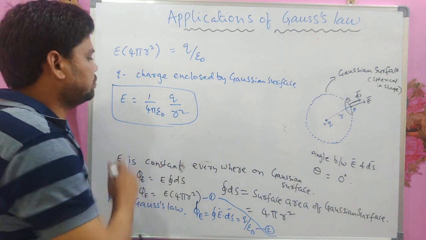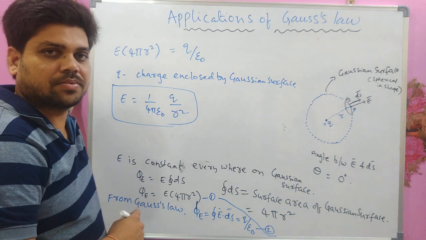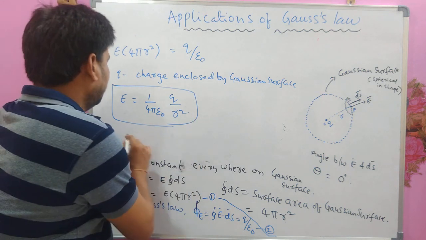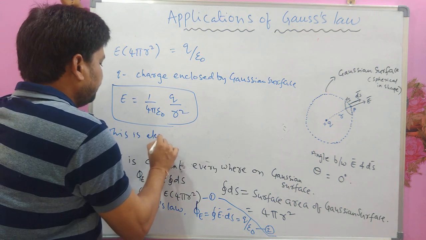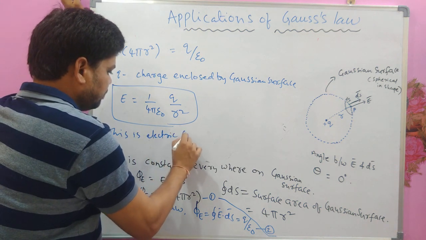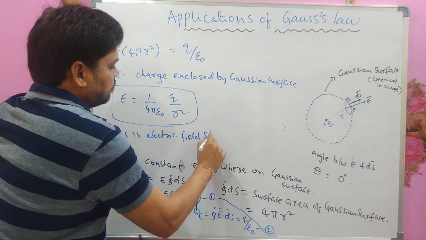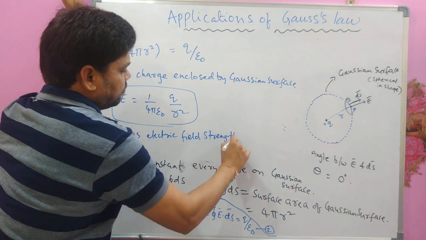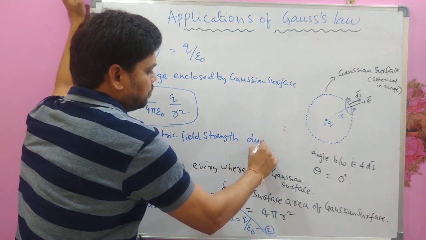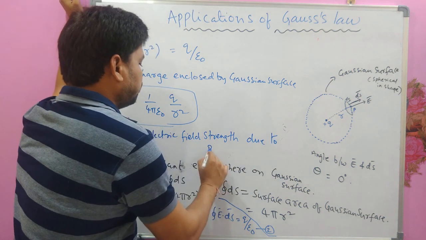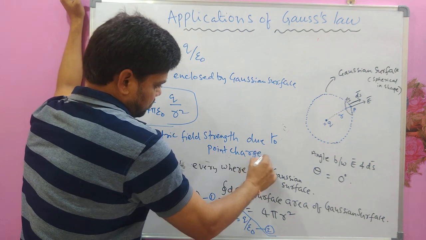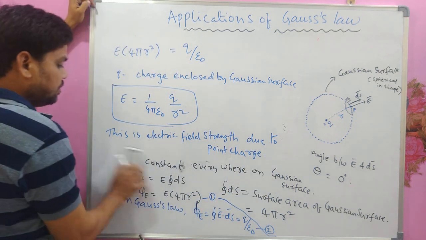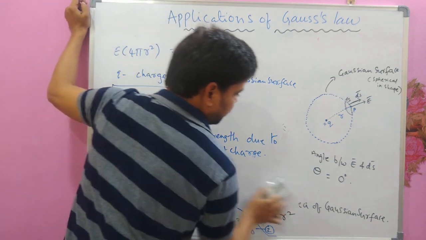Everywhere away from the positive charge. This is the electric field strength due to a point charge.